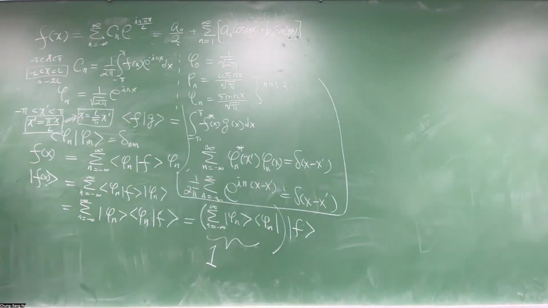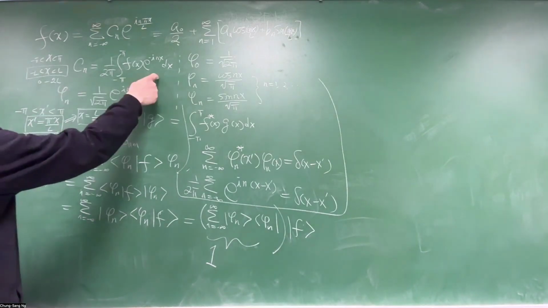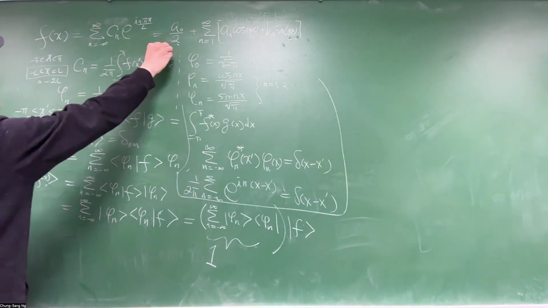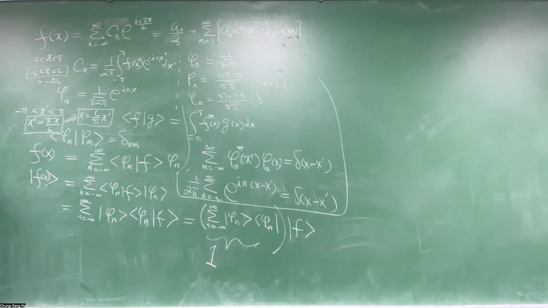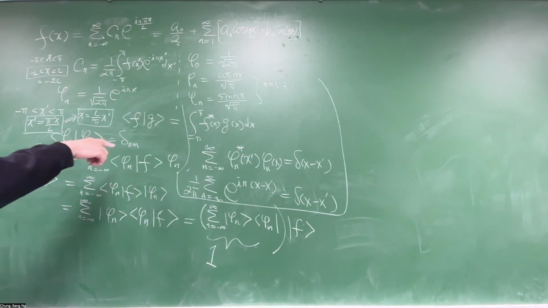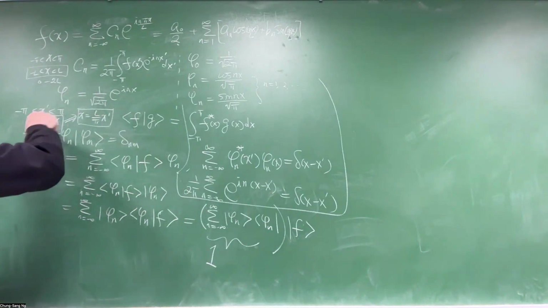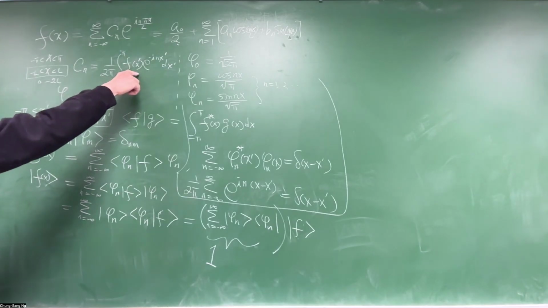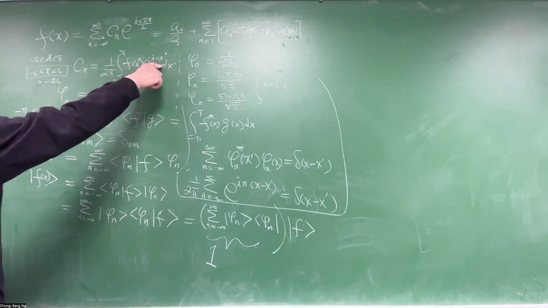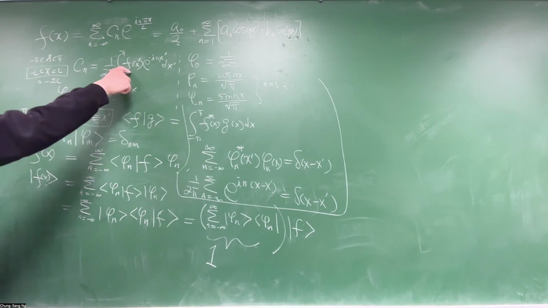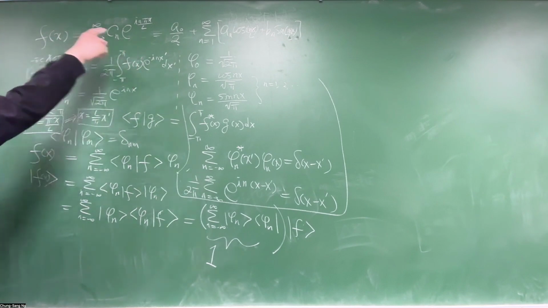Now the next thing is the formula for the coefficient. It should be the same, because if we use x prime, then our formula is correct, right? But now we want to use x instead, so we need to do a change of variable. So x prime is pi x over L. For this function, it doesn't matter, you just change it, either function of x prime or x.